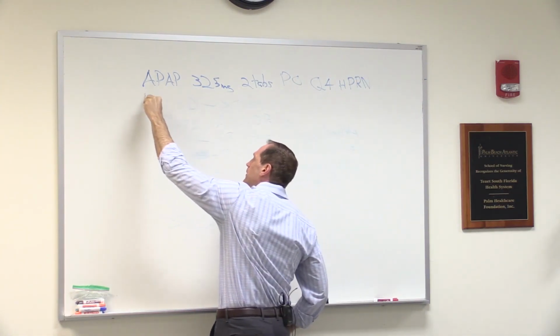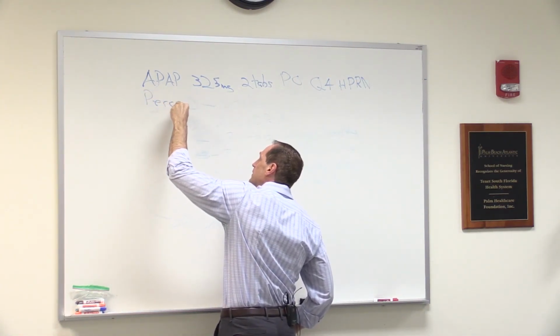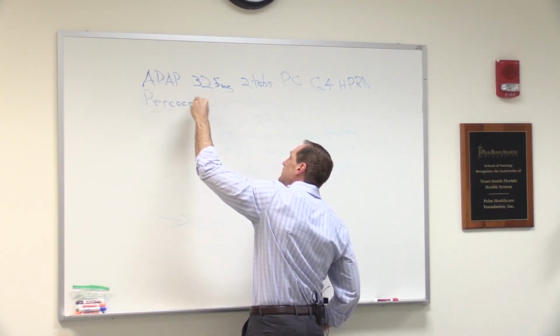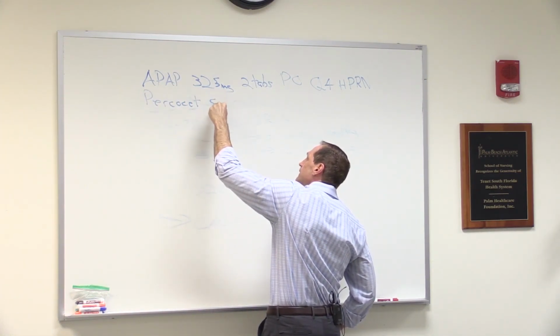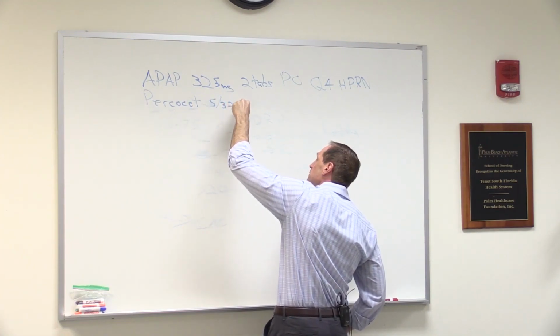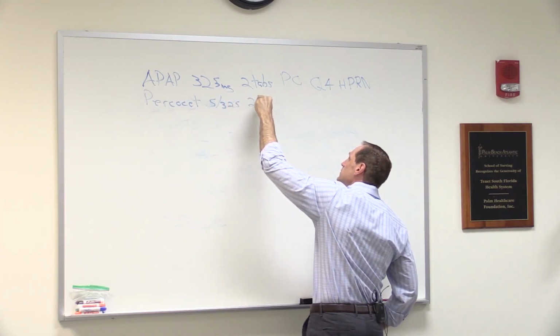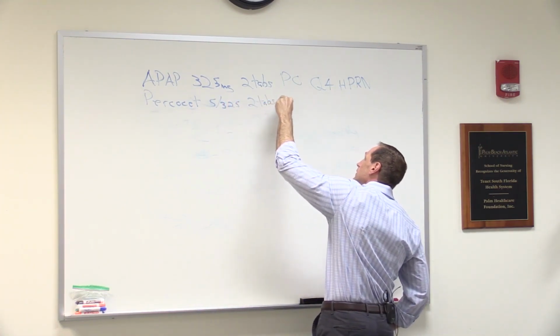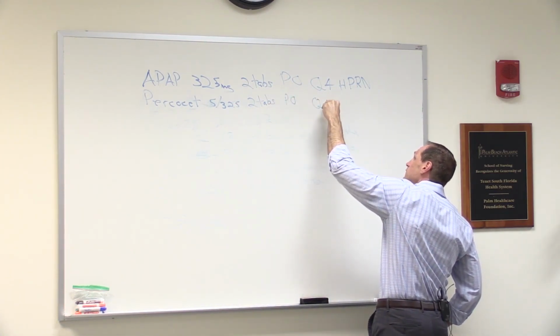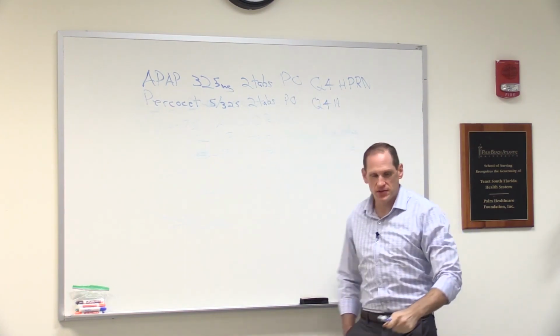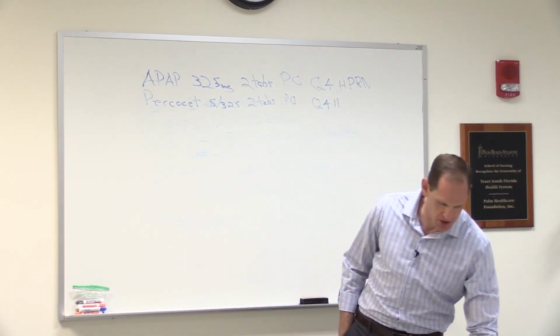And then you've got Percocet 5/325, 2 tabs, PO, Q 4 hours. All right, so tell me what's happening with this patient.